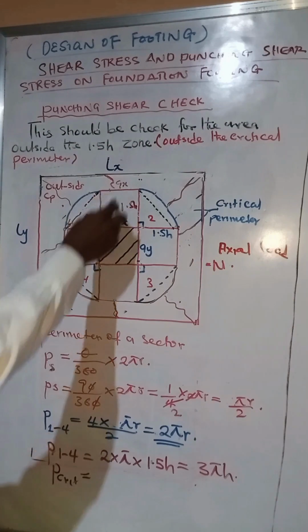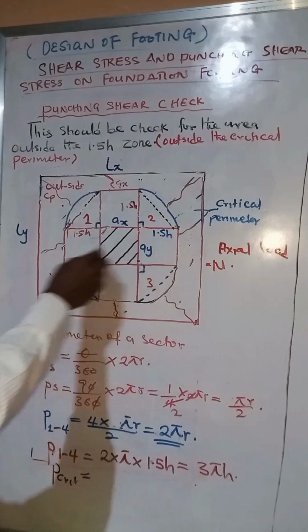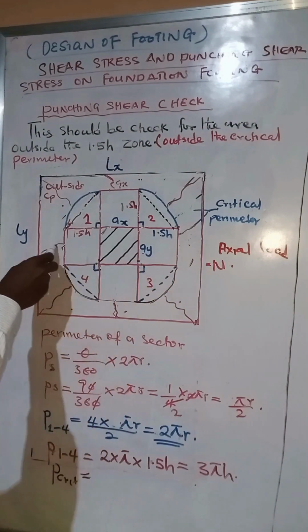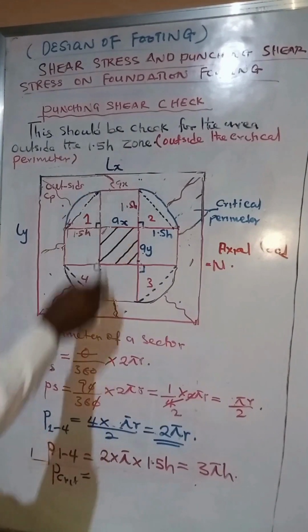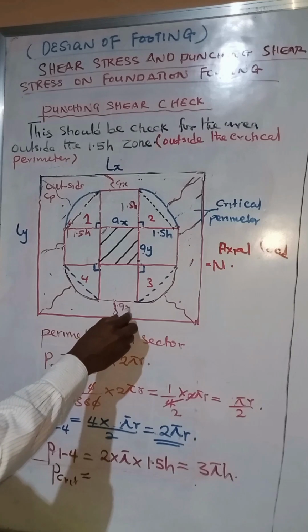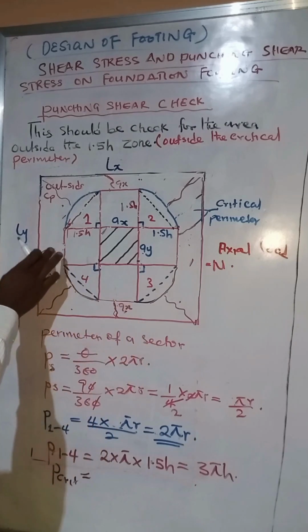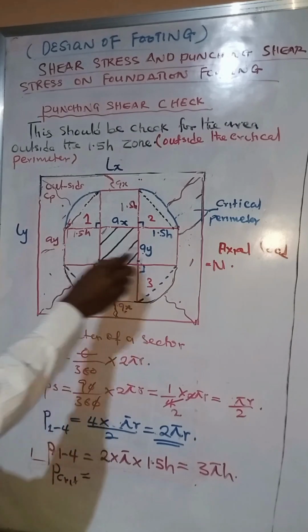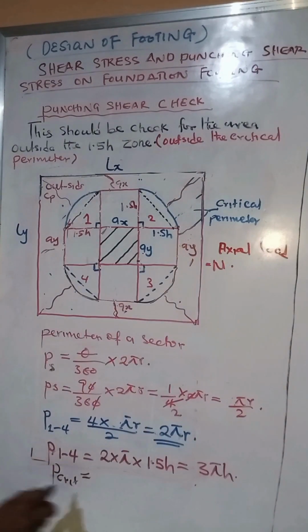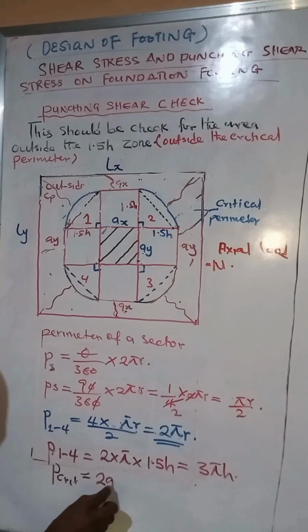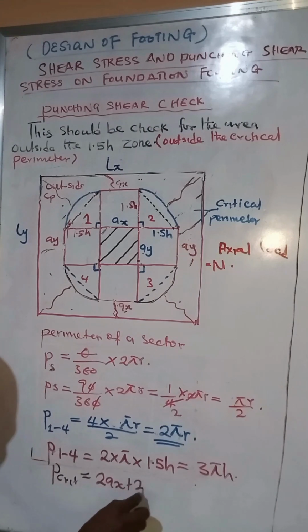So while this and this are the same, we have AY on this horizontal axis to be the same. So here and here is AX, we have AX here. On this direction, we have AY, and we have AY. So let's add them up. So we'll have 2AX plus 2AY. All right.